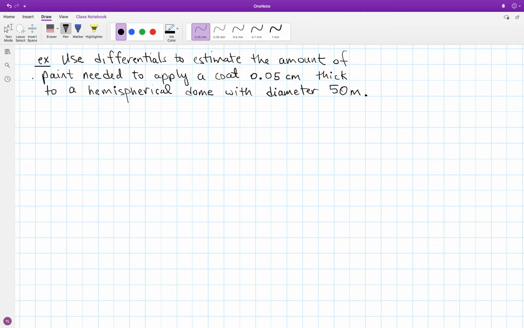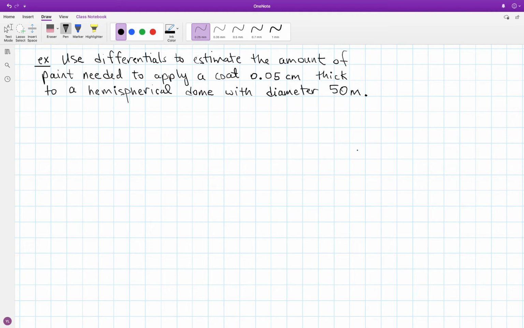So I have to paint this hemispherical dome. That just means half of a sphere, of course. And I want the paint to evenly coat the thing with a thickness of 0.05 centimeters. And the dome is pretty big. It's got a 50-meter diameter.